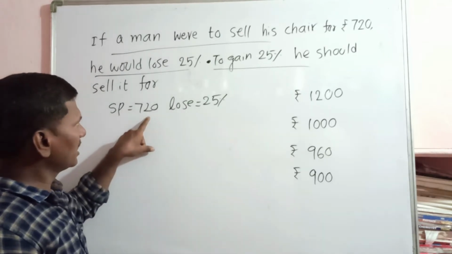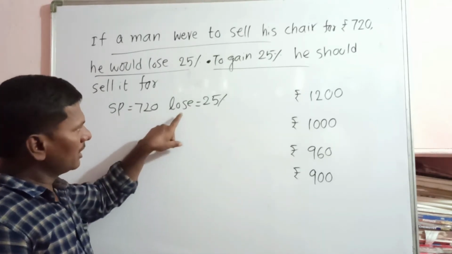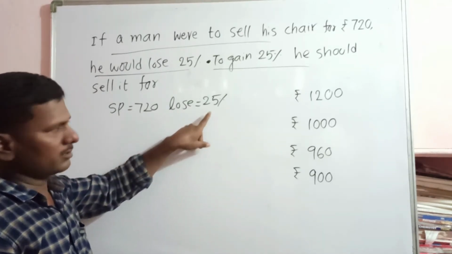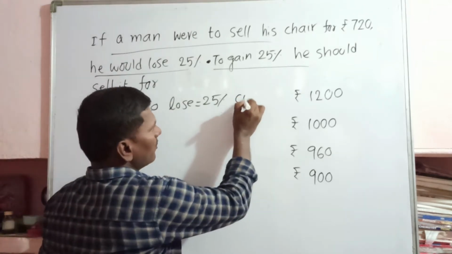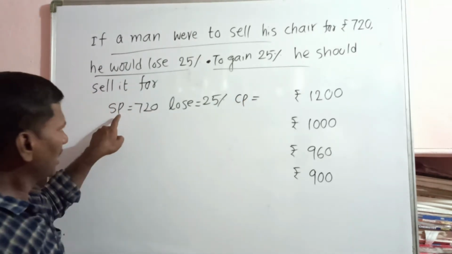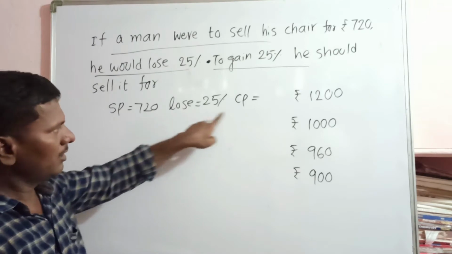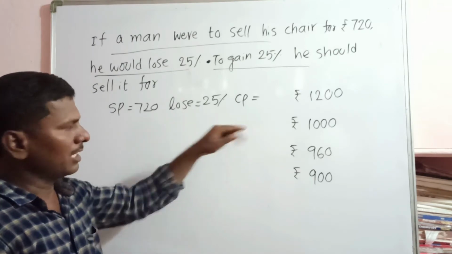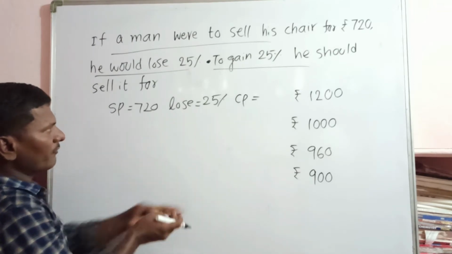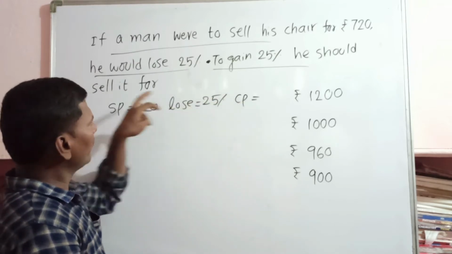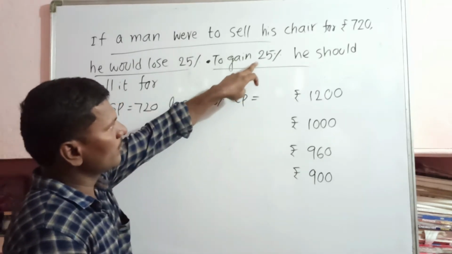By selling that chair for 720, that person loses 25%. From this we have to find out the cost price. Selling price is given, loss is given, so from this we can find the cost price. After finding the cost price, we can find the selling price to get 25% gain.